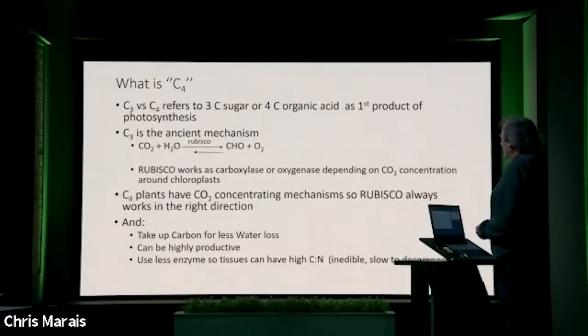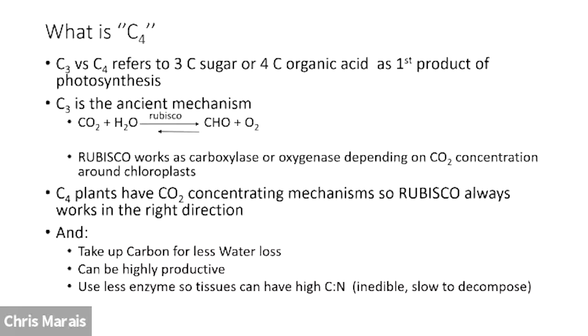And it's a fundamentally dumb enzyme, because it takes CO2 and water and makes a carbohydrate, then, having done that, it takes a hard-won carbohydrate and breaks it down again to CO2 and water, depending on the concentration of carbon dioxide at the site of photosynthesis. So this is not intelligent design.